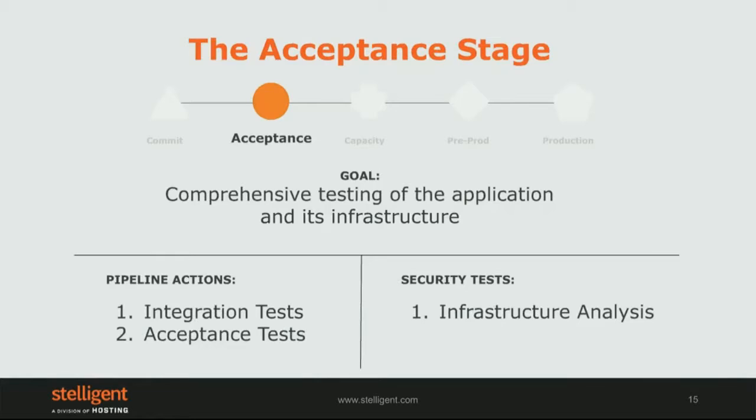When we start looking at adding security to the pipeline, in the acceptance stage there is a very valuable activity that can occur, called infrastructure analysis. Now, it's true that in the commit stage we have looked at the code and tried to determine if there are any security flaws in it, and we get a pretty good idea, but we really can't tell for certain on all aspects.